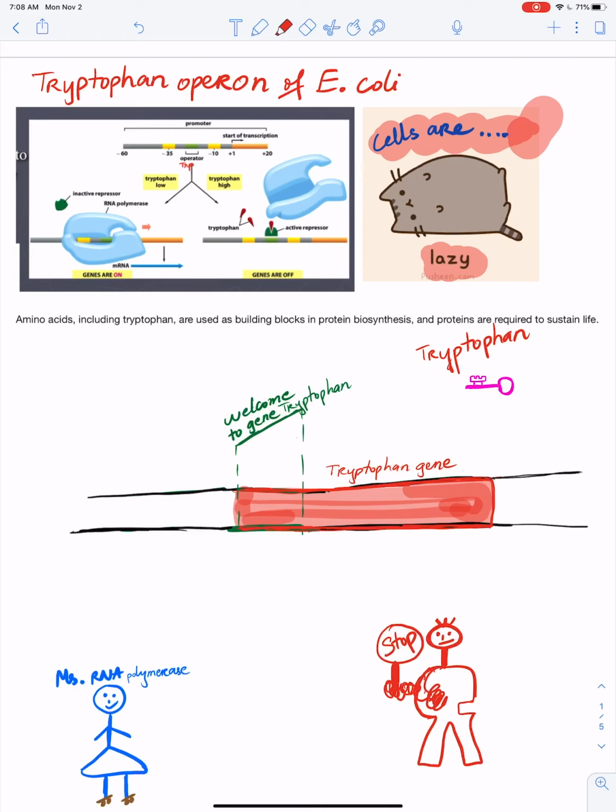So without the presence of tryptophan in your body, as you see here, and with high tryptophan in your body, as you see here, the gene will be turned off because you have enough tryptophan in your body.